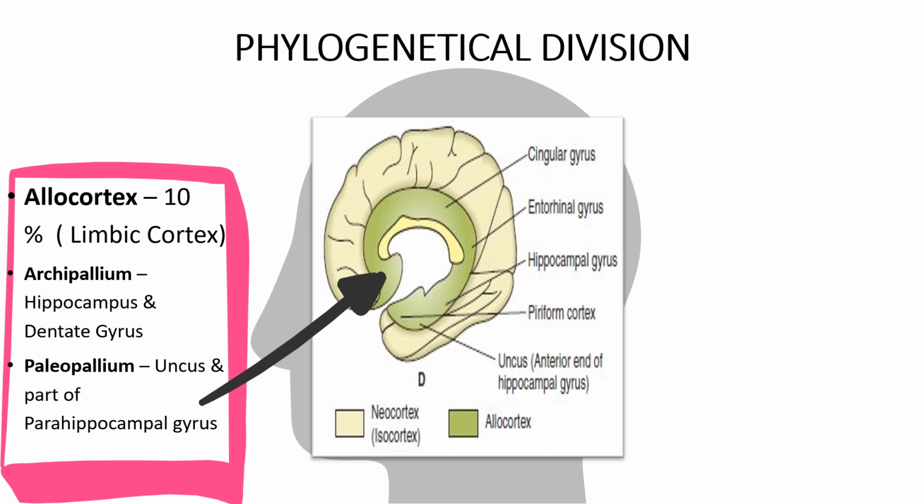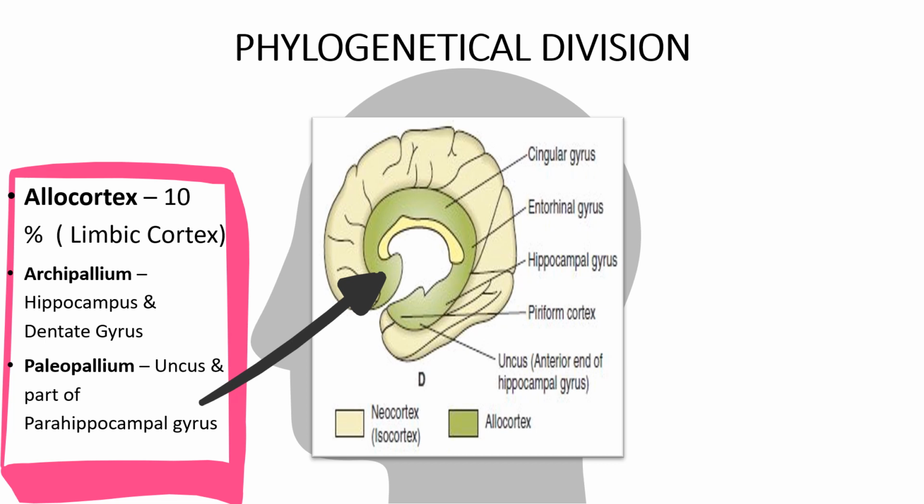cortex. Since most of the allocortex is located around the peripheral margin, here you can see the peripheral margin of the diencephalon in the form of a ring. It is also called the limbic cortex.